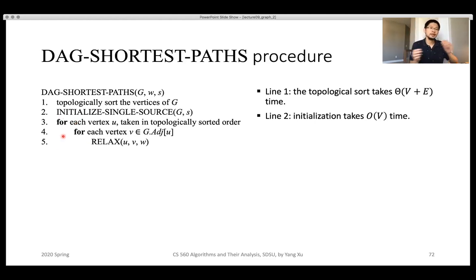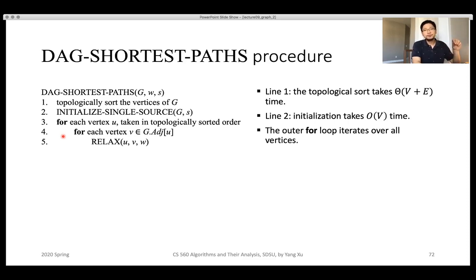We have a two-layer for loop. In the outer for loop, we go through all the vertices in a topologically sorted order, so that's a for loop that iterates over all the vertices.